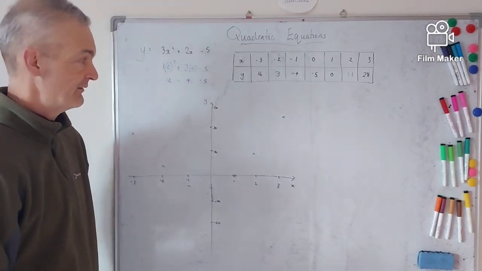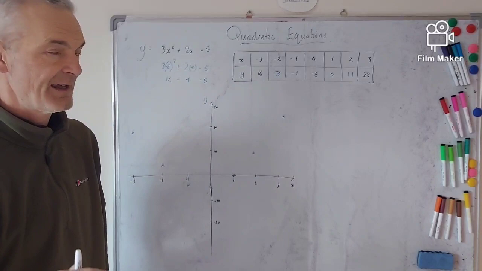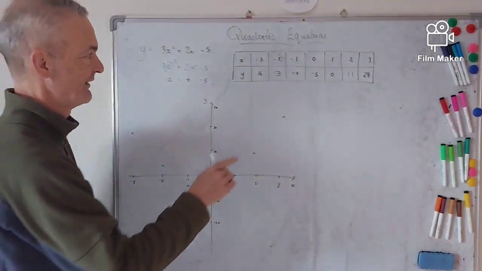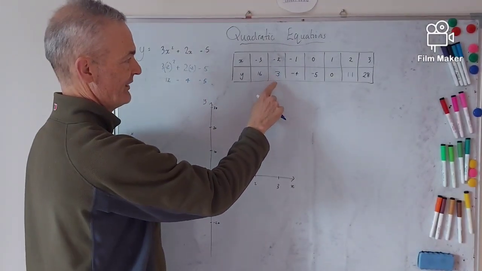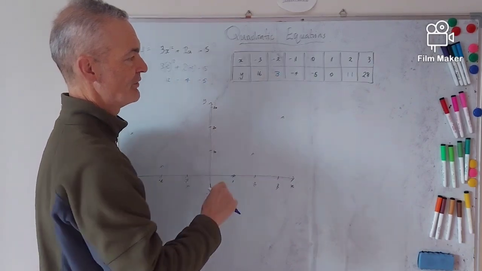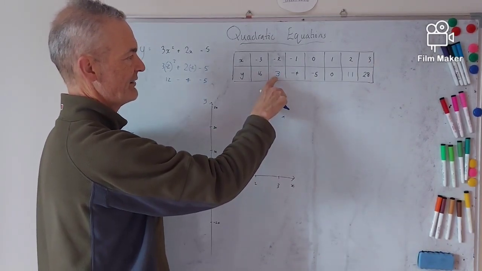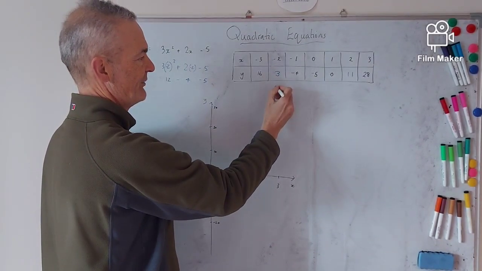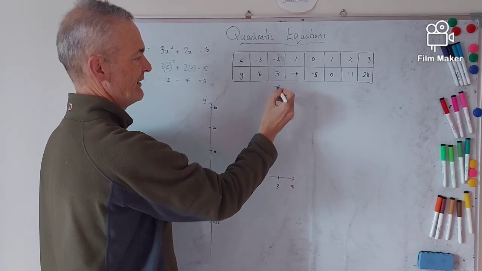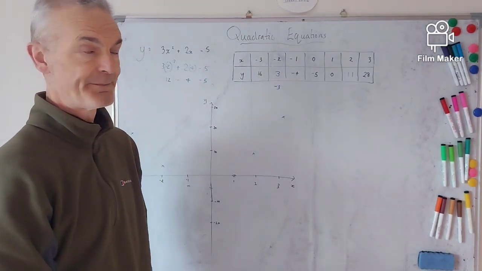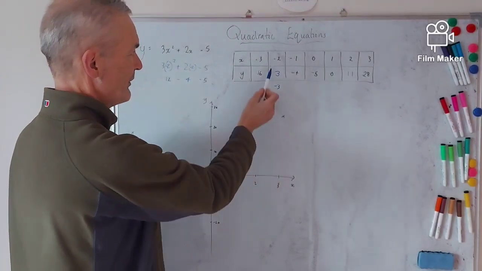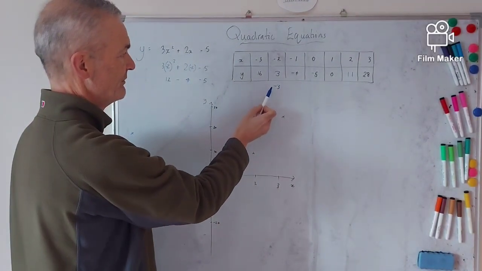to show the curve. Now just imagine for a second I got this one wrong. Let's say, instead of positive 3, for some reason I'd ended up with negative 3 there. So if I was plotting that, that would be minus 2, minus 3.